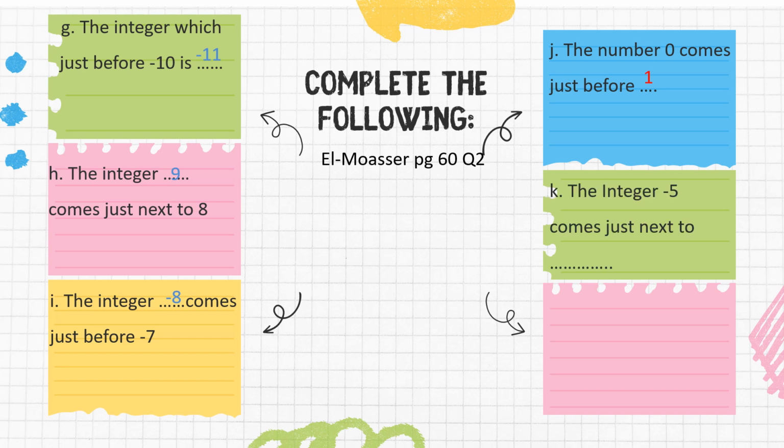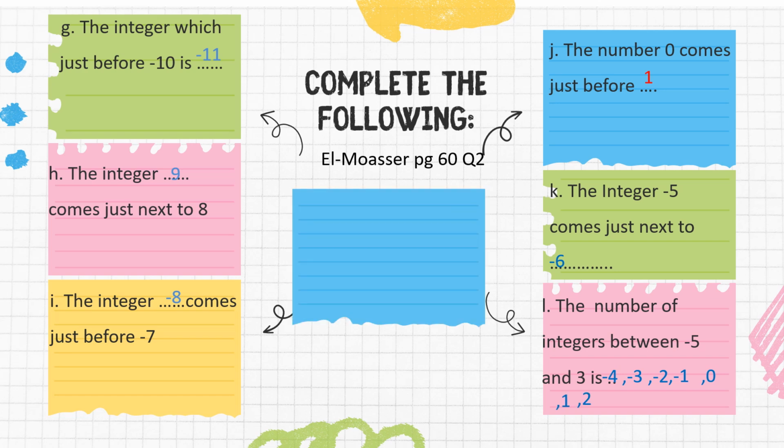Okay. The integer minus 5 comes just next to what? Minus 6. Okay. The integers between minus 5 and 3 are minus 4, minus 3, minus 2, and minus 1, then 0, then 1, then 2. Excellent, math champions. Next.